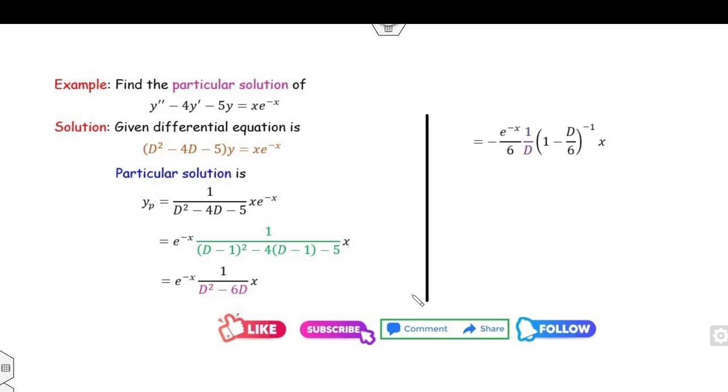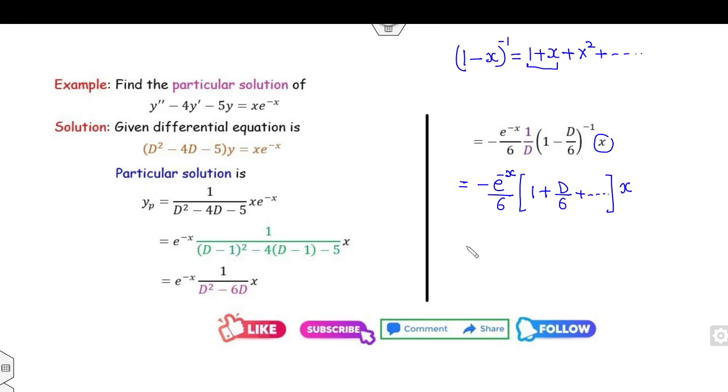Fine. Now you can expand the series. What is the series of 1 minus x raised to power minus 1? 1 plus x square, and so on. Because the degree is 1, I have to write only the first two terms. Minus 6, this is 1 plus x.